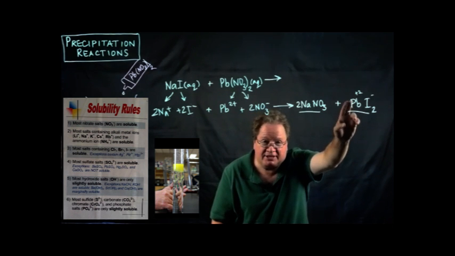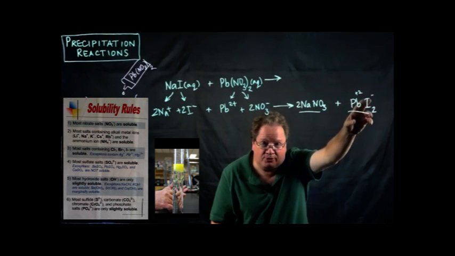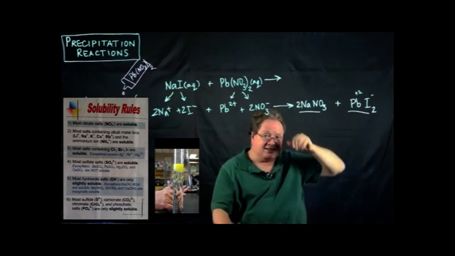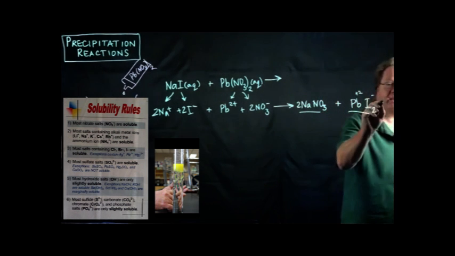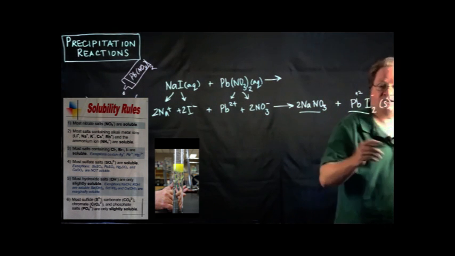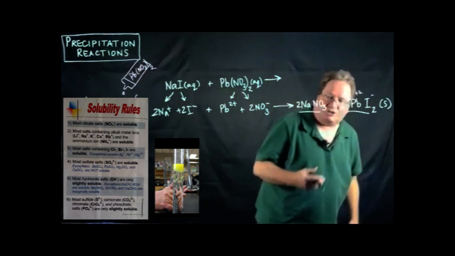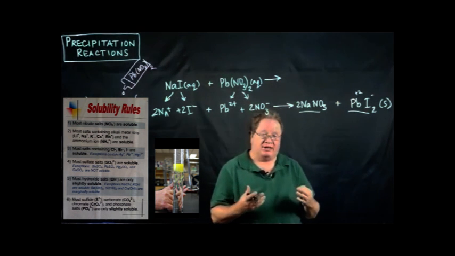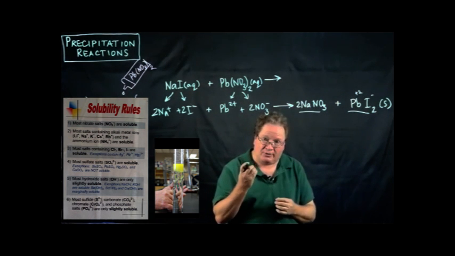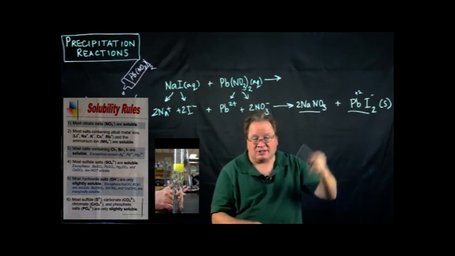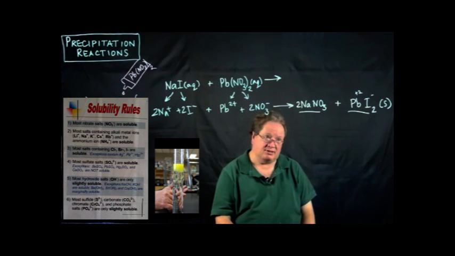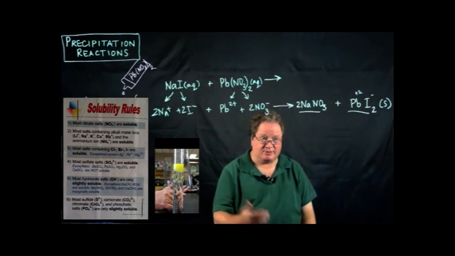All right, this was an exception to the solubility rule for iodine, which means our precipitate must be lead iodide here. So we would just add a solid right there to show what state that it would be in. So our precipitate, that yellowish, kind of mustard yellow solid that formed, that was lead iodide is what it was. Lead 2 iodide to be specific.